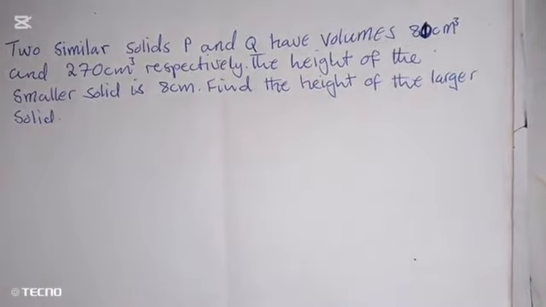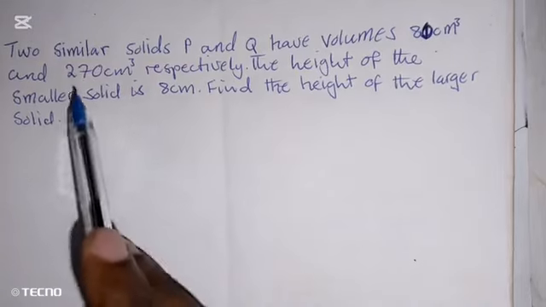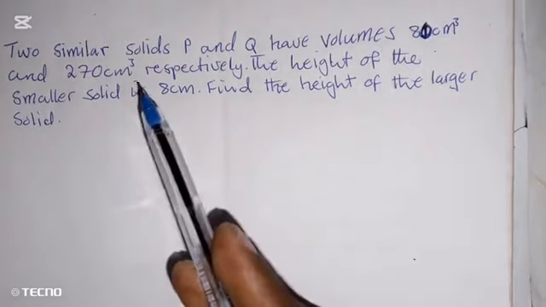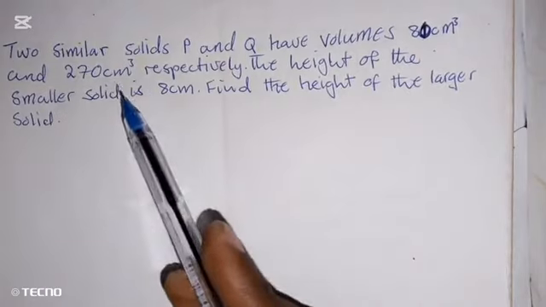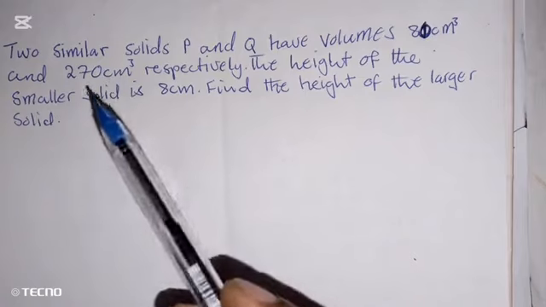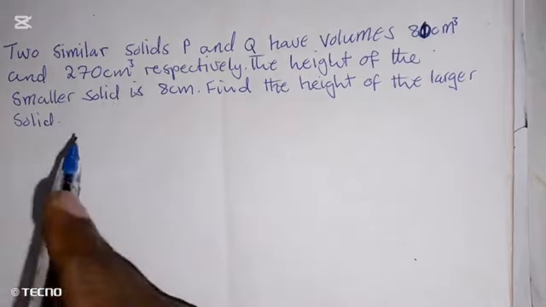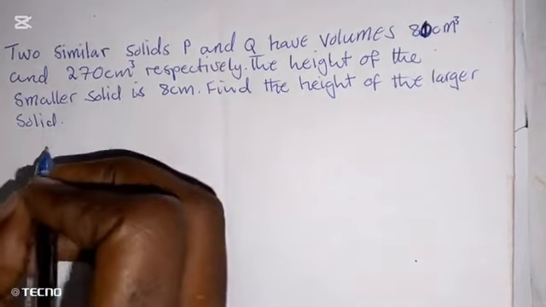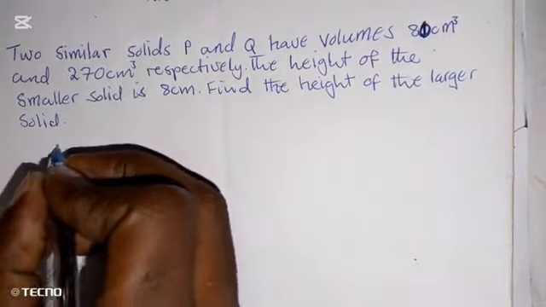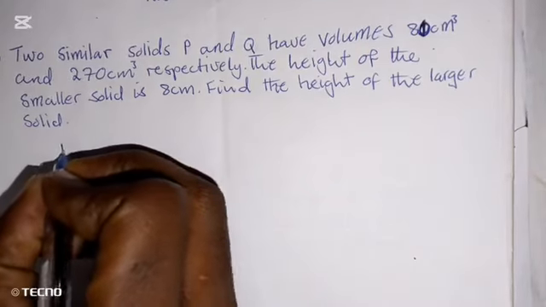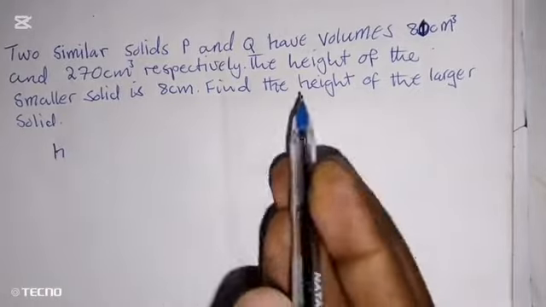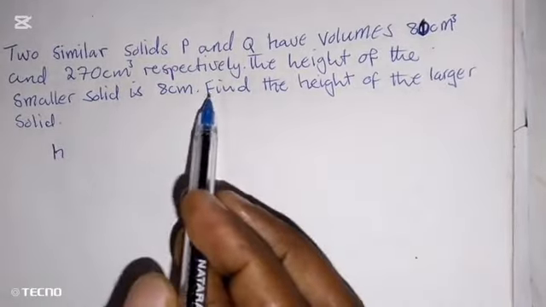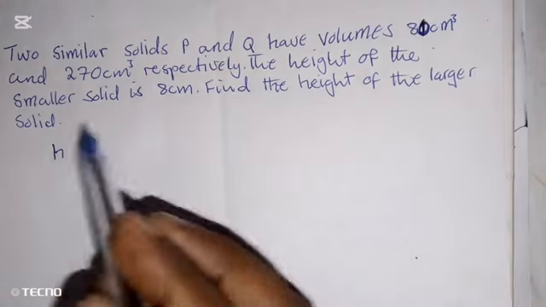Here, to work out this one, we have been given these two volumes, 80 and 270. What are we going to do here? We'll write H, the height. Find the height of the larger solid.